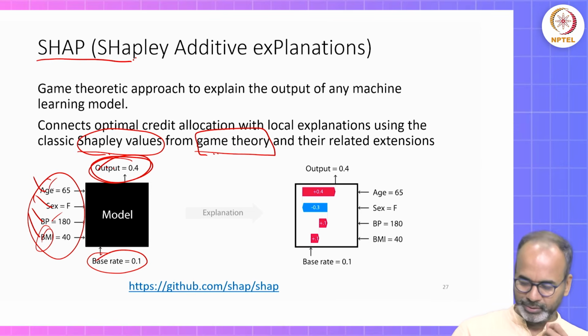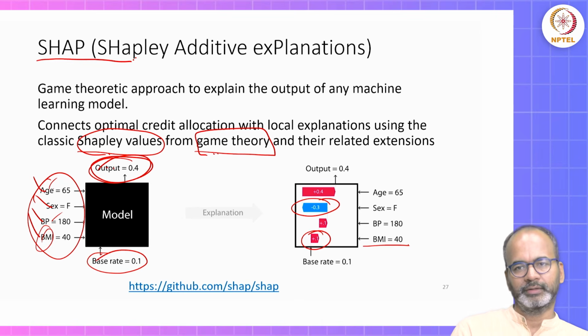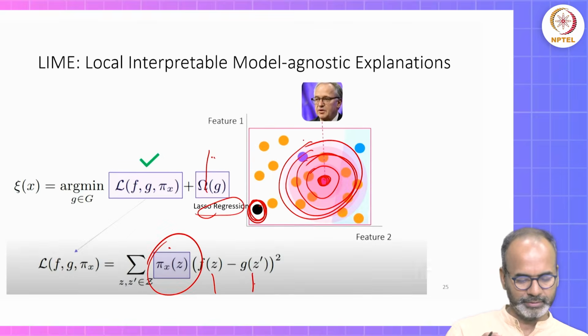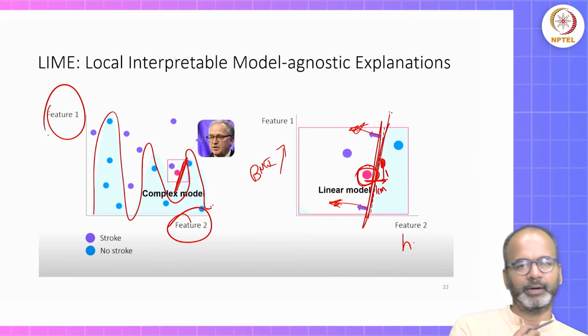It will tell you that, look, the effect of BMI on the decision that is being made is positive by 0.1, or negative by 0.3. Right. So the idea is, if you think about modeling, let's go back to this one. If you think of models, it's going to use all these features to make the models, right?